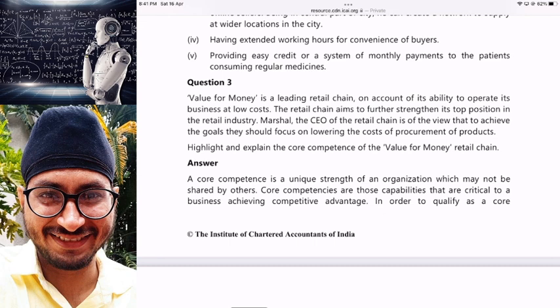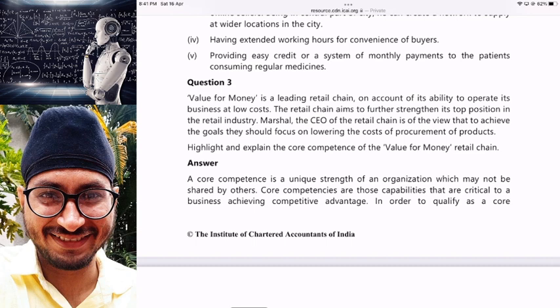Highlight and explain the core competency of Value for Money. Their advantage as of today is to provide products at a low cost. They want to further reduce the cost and create a core competency. But how? By buying the raw materials at a lesser price.